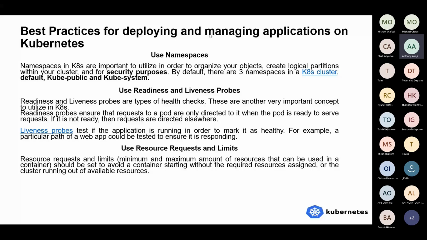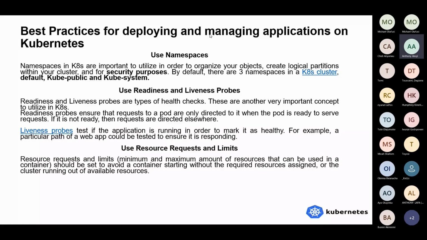But on the Kubernetes part of it, they are very, very important concepts. Readiness probes ensure that requests to a pod or whatever service that you have are directed to the pod when the pod is ready to serve requests. So if the pod is not ready, then the request will be directed somewhere else.